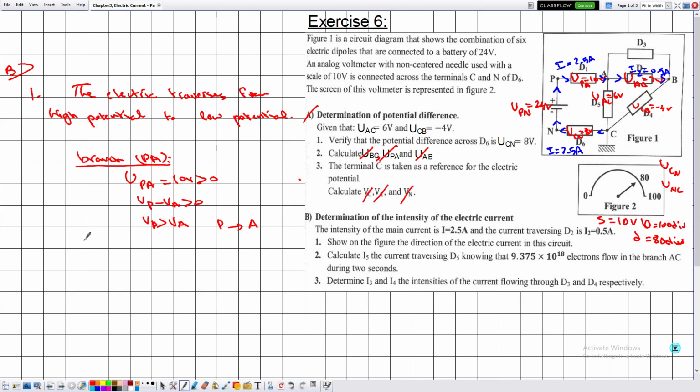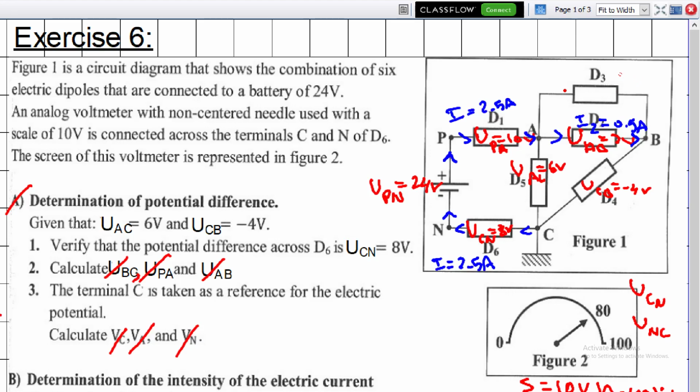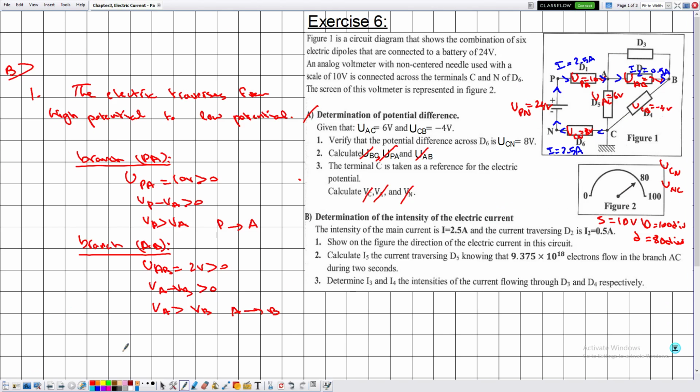Now as for the branch AB, notice that UAB is equal to 2 volts, which is positive. VA minus VB is equal to 2 volts, so VA is greater than VB, and in this case from A to B. So this is the branch AB, directed like this from A to B.